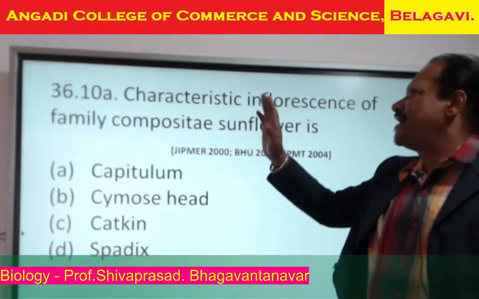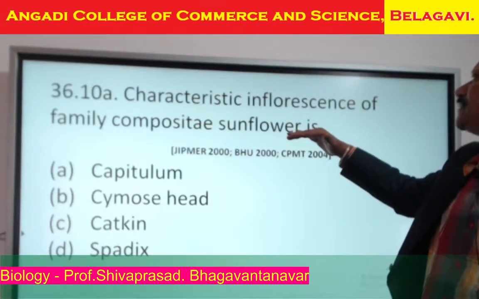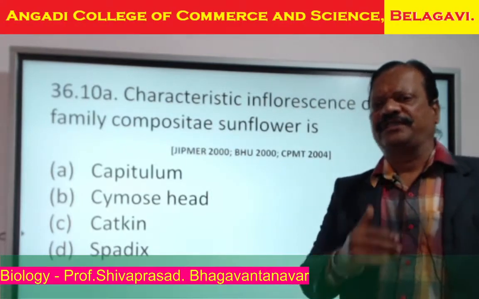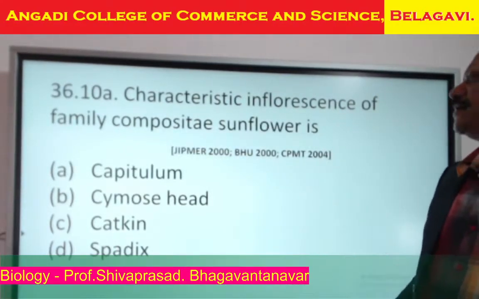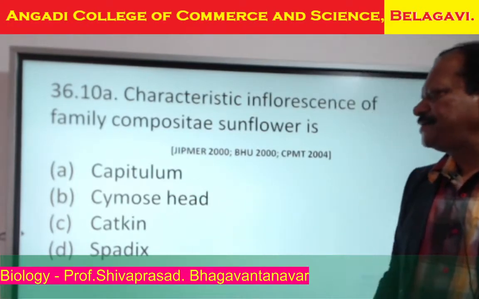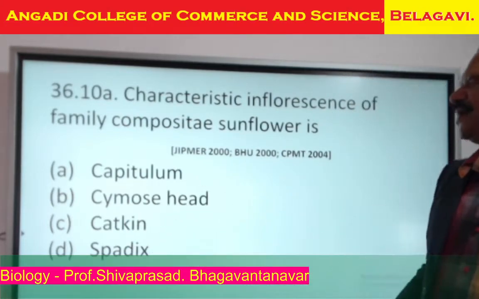Now, the characteristic inflorescence of family Compositae, sunflower, is... Okay, family Compositae. See the options: capitulum, cymose head, catkin, and spadix type of inflorescence.